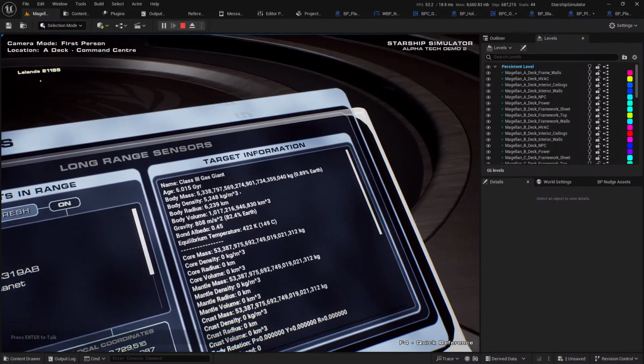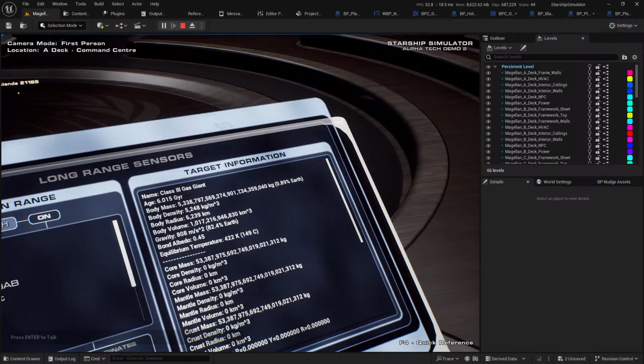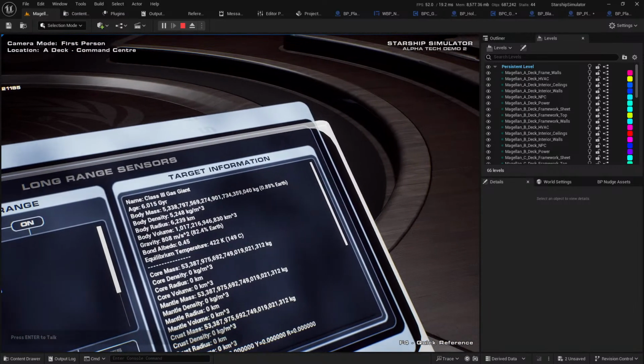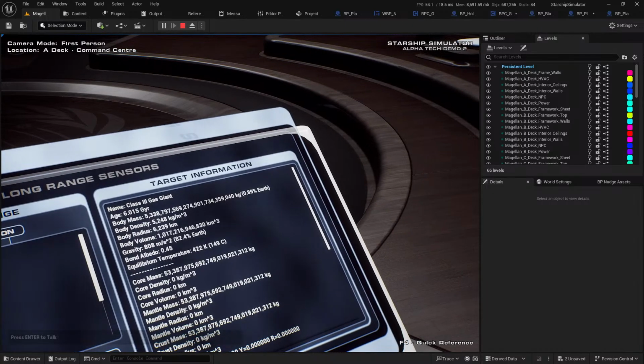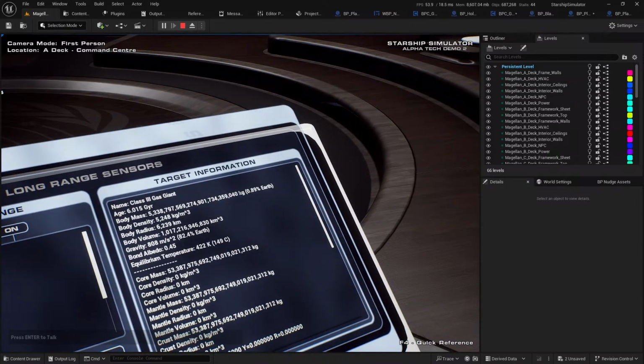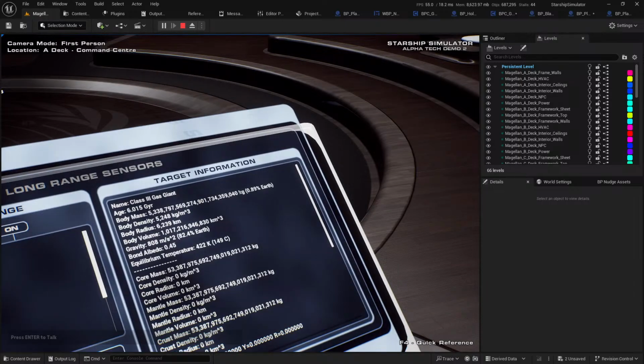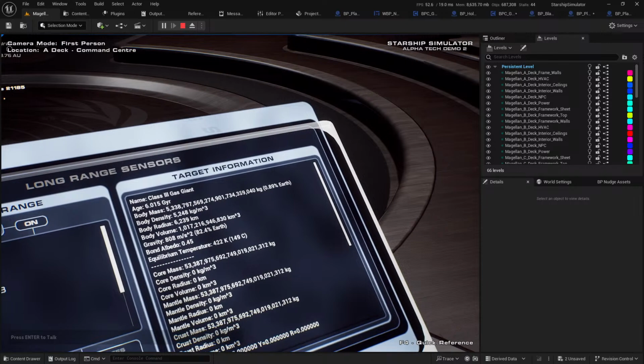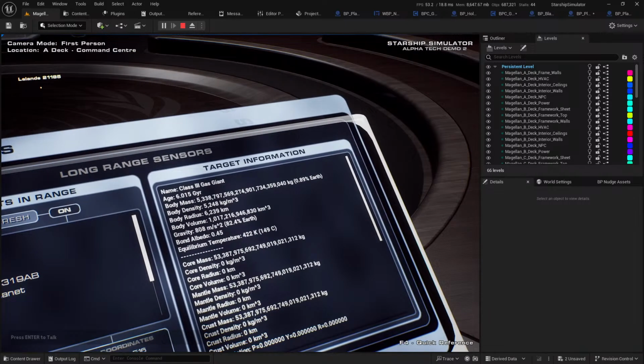I think the biggest issue here is that these gas giants are generating with nowhere near enough mass. For it to be a gas giant, it must be in the region of 10 Earth masses, which it isn't.